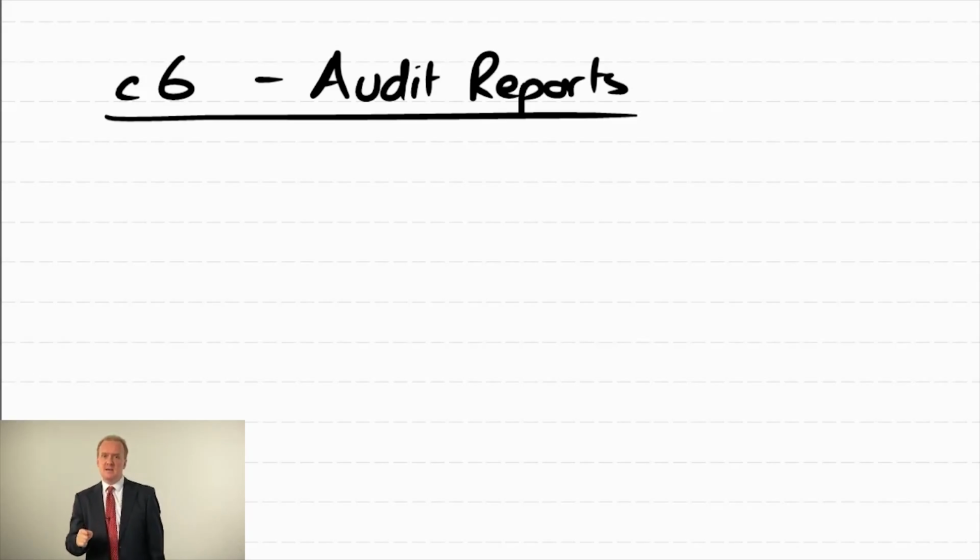So other matter is where you've got something outside of the accounts which is wrong, whereas an emphasis of matter is something inside the accounts which is correct but so significant we wish to emphasise it, draw attention to it. So, those are your 7 outcomes.